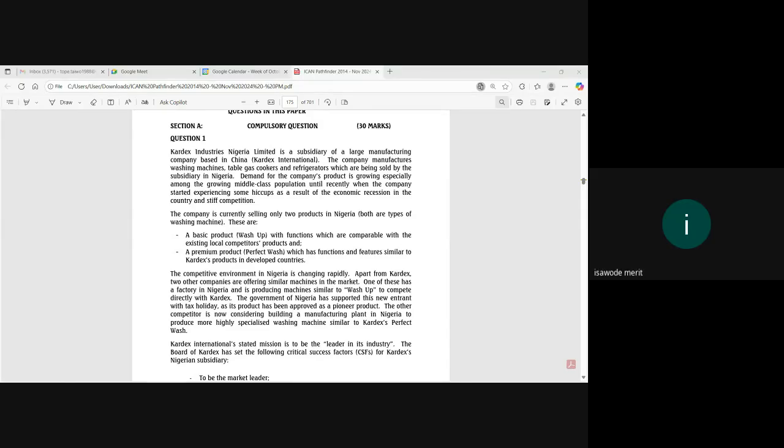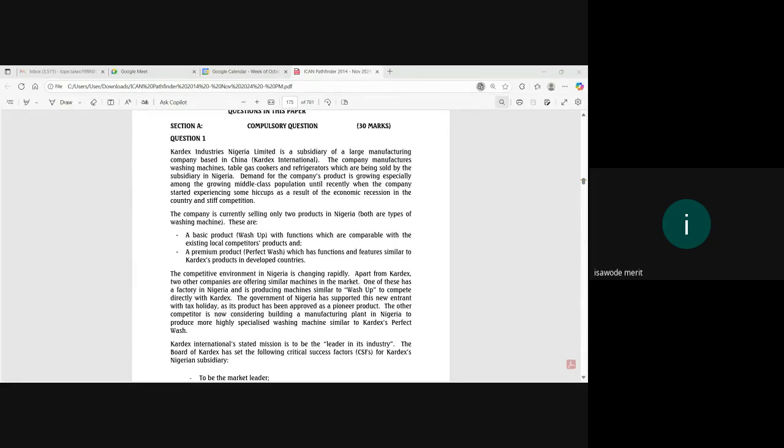Cades Industries Nigeria Limited is a subsidiary of a large manufacturing company based in China, Cades International. The company manufactures washing machines, table gas cookers, and refrigerators, which are being sold by the subsidiary in Nigeria.